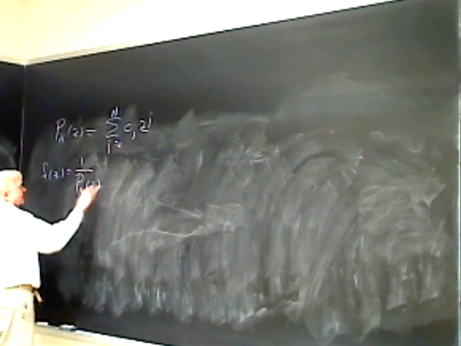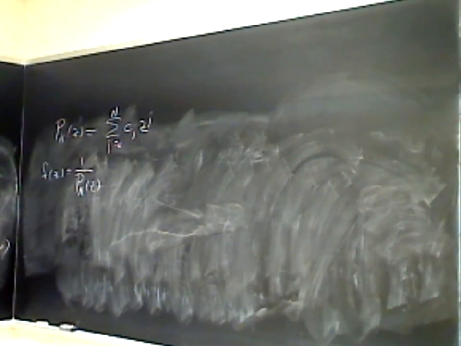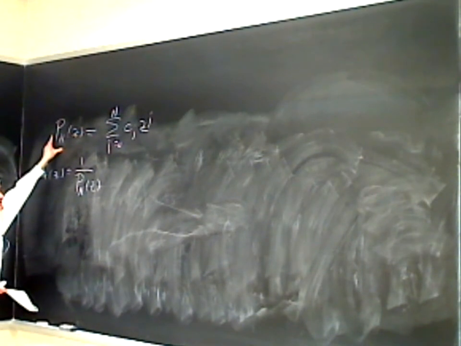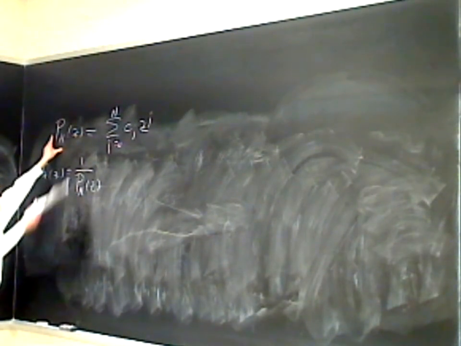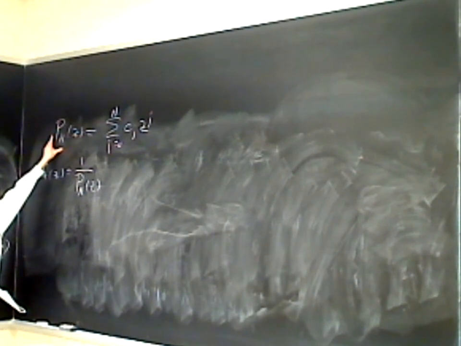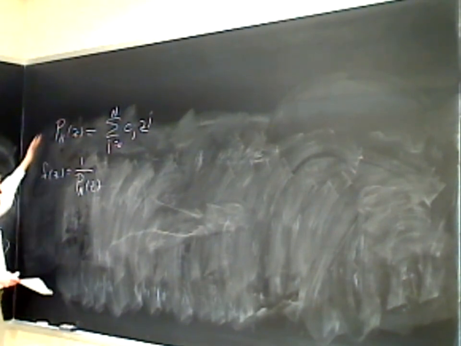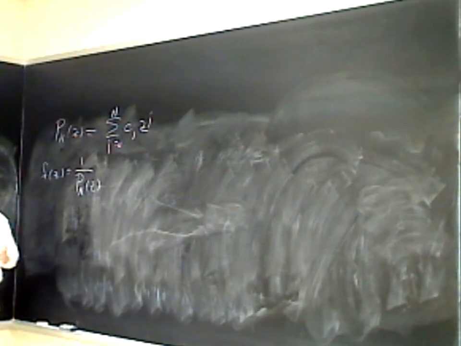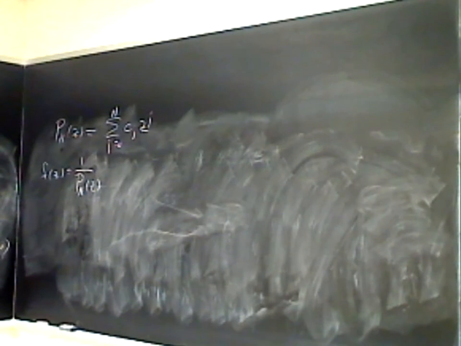P_N of z. Now in fact let me tell you what the fundamental theorem of algebra is. It reminds you that a polynomial of nth order or nth degree, a polynomial like this, has N zeros in the complex plane. That means then that the function f of z would have N singularities in the complex plane. Now they might be all at one point. The polynomial might be z to the N, in which case it's a pole of order N at 0.